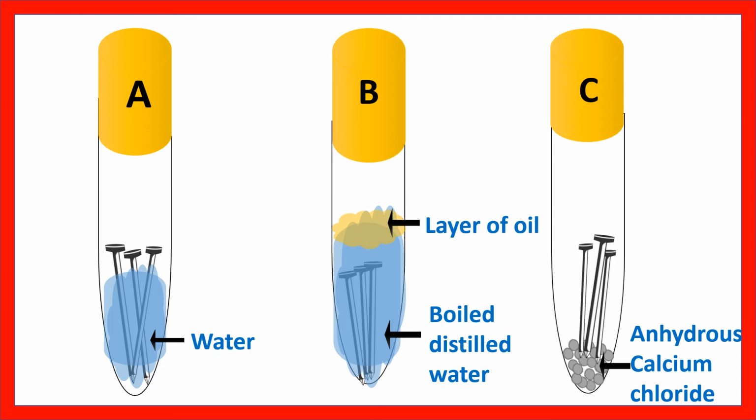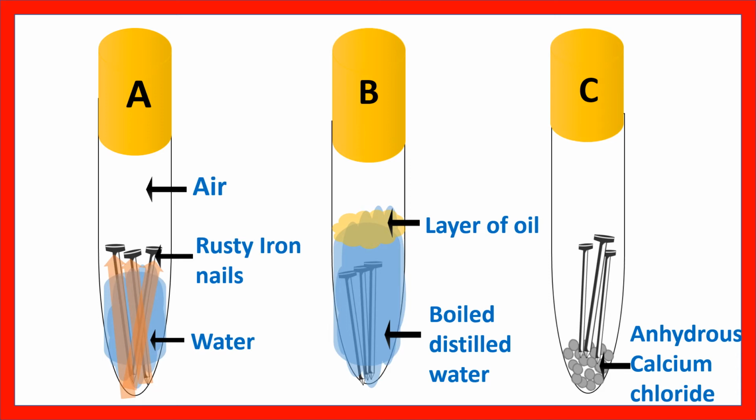When we observe these test tubes again, you will see that the nails in test tube A are rusted. See here, observe, they are rusty iron nails.